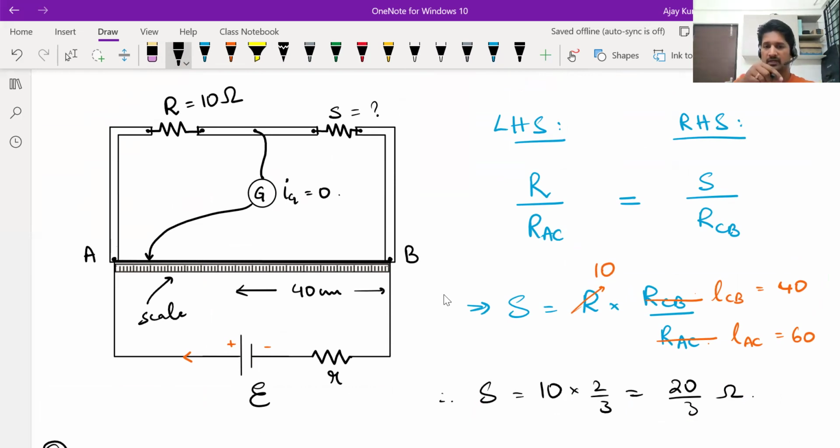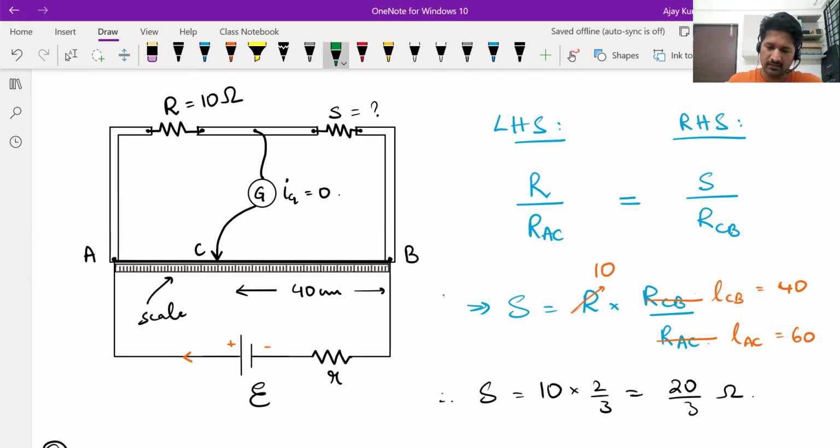Every time you disconnect the jockey and place it at another point on the wire AB, you'll have to look at the galvanometer, what reading it is showing, whether it is deflecting or not. So keep shifting the connector away from A, the galvanometer current decreases. And at one point, you'll see that the galvanometer current becomes 0.